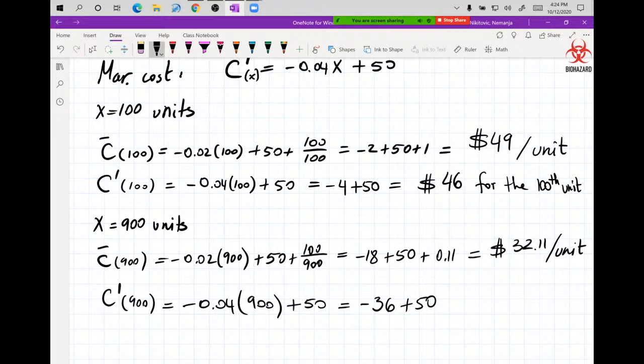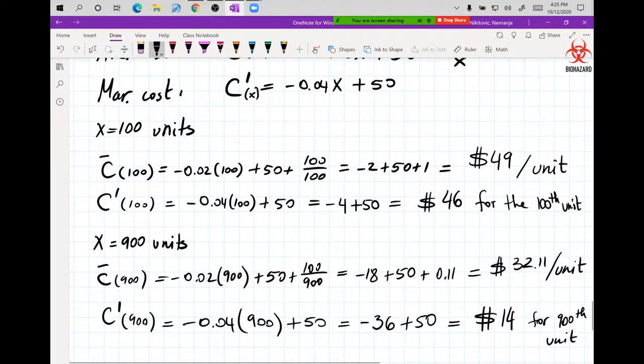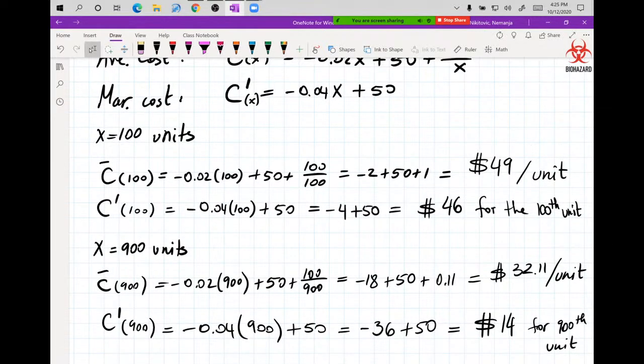Plus 50 equals $14 cost for the 900th unit. What? Right? So it costs you only $14 to make the 900th unit. The more you produce, the less the cost to produce it.